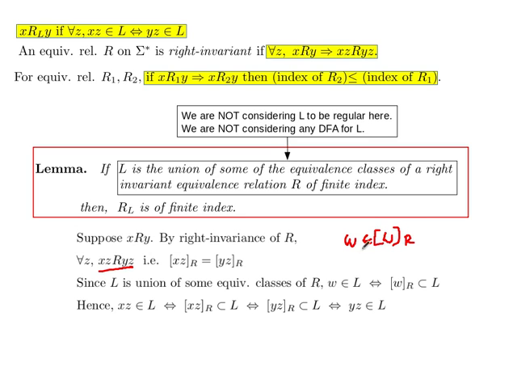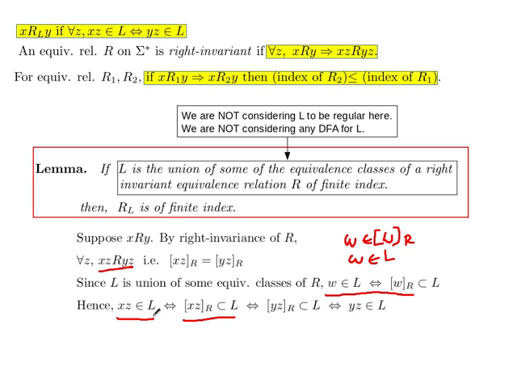So if W is contained in L, then this whole class is also contained in L, because L is a union of equivalence classes. So W is in L if and only if this whole class is a subset of L. But this is equal to this thing, so this is a subset of this thing, and by this we have that YZ also belongs to L.